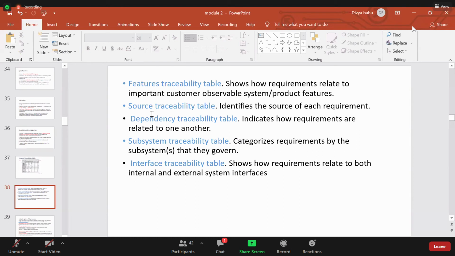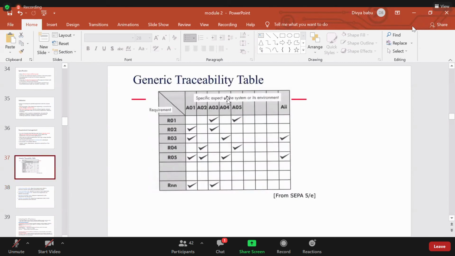So feature traceability table, source traceability table, dependency traceability table, subsystem, it is based on what you are going to trace for validation purpose, right? That one you could mention in the form of a matrix. That is called a traceability table. If it is possible to implement, you could put a tick, like you can give marking. Otherwise, it means you couldn't implement the remaining things.